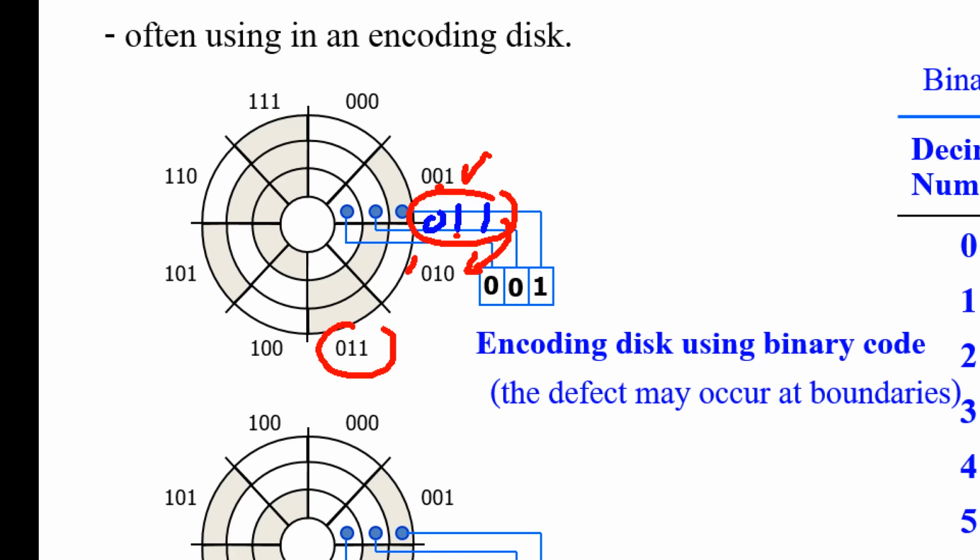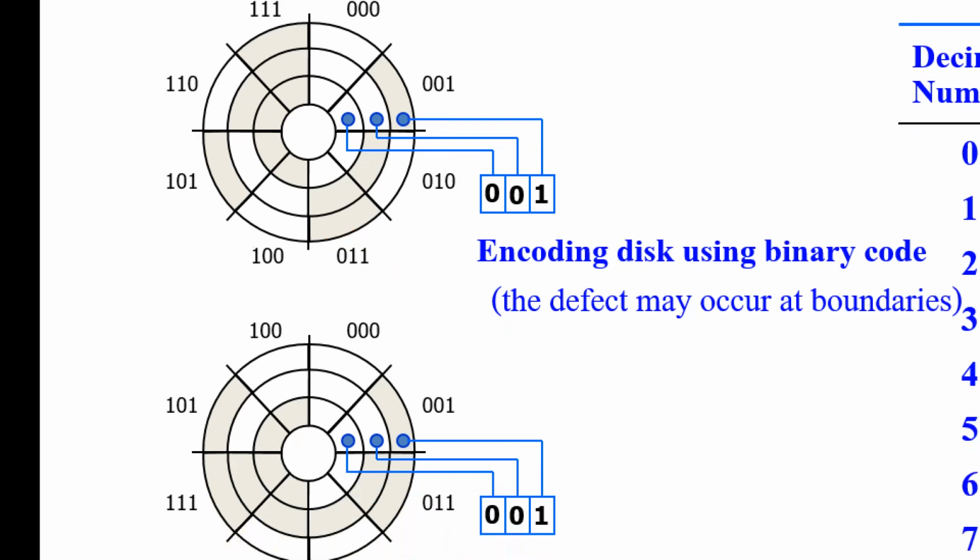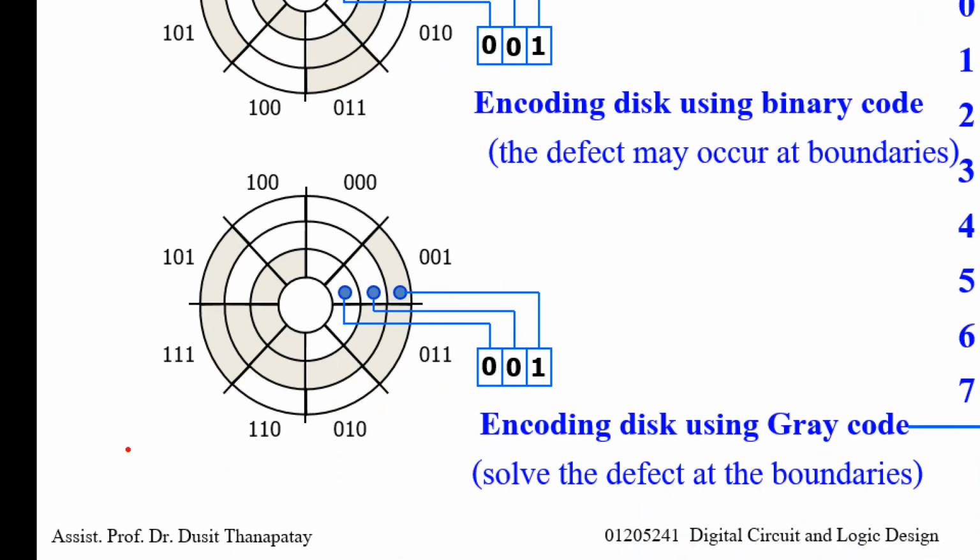So let me rearrange the code for each area so that the adjacent areas will have 1 bit of difference. For example, this area 000, this area 001, 1 bit difference. This area and this area also differ by 1 bit, at the middle.